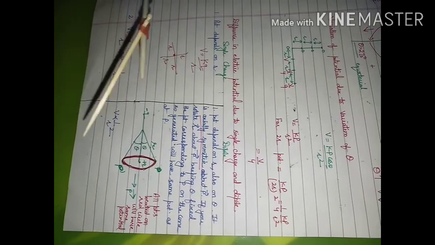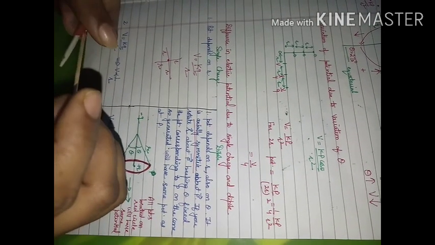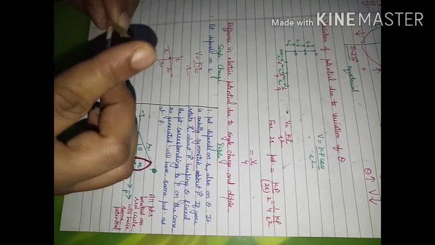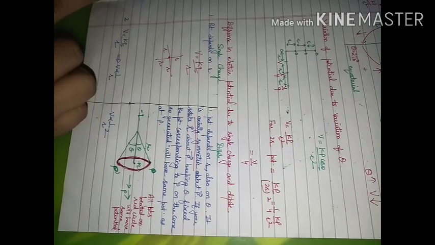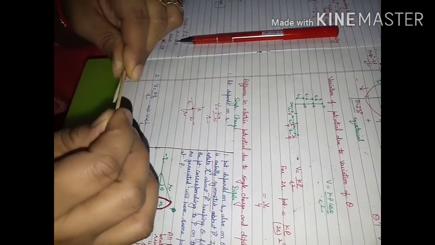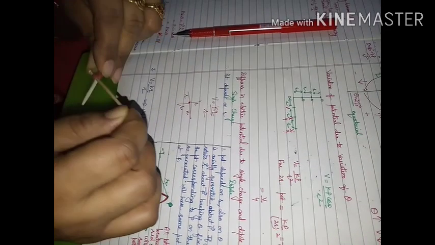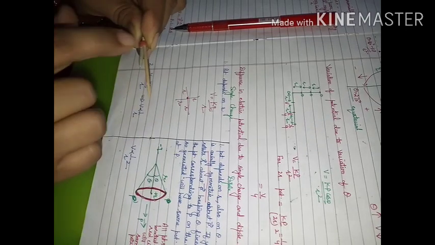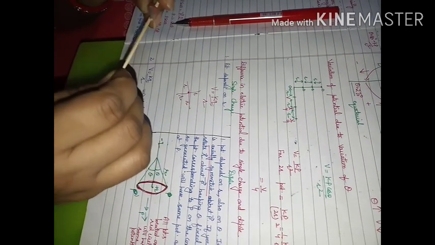In this case, this is your point of observation and it is making a certain angle with the dipole moment. This is the angle, and if you rotate point P like this, we will get the shape of a cone here. See, I am rotating.